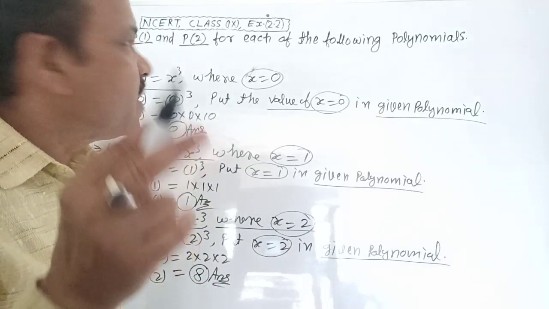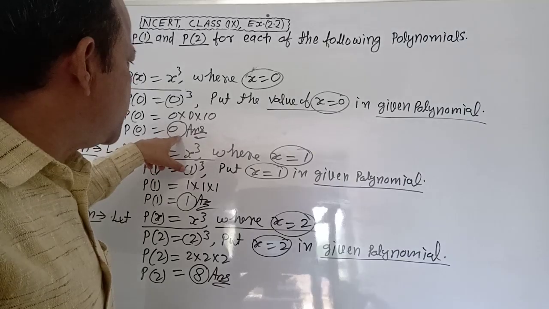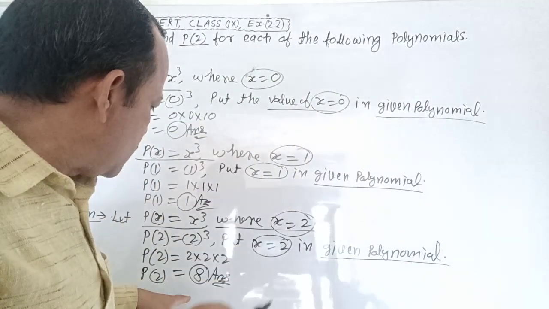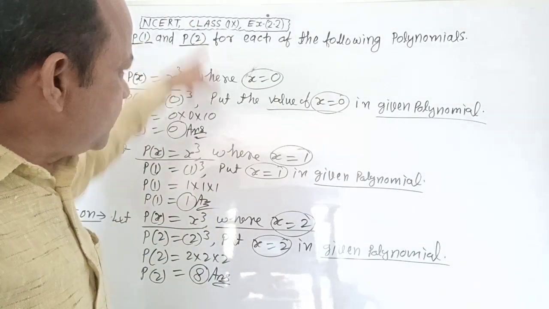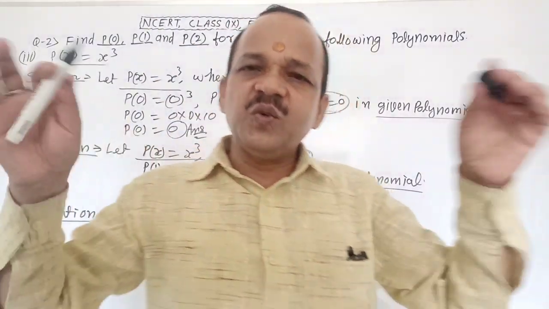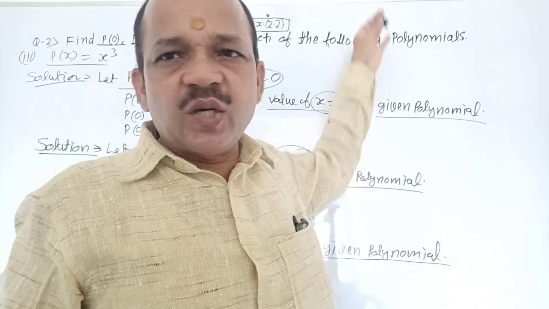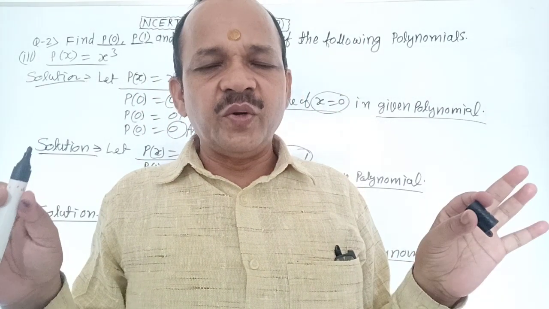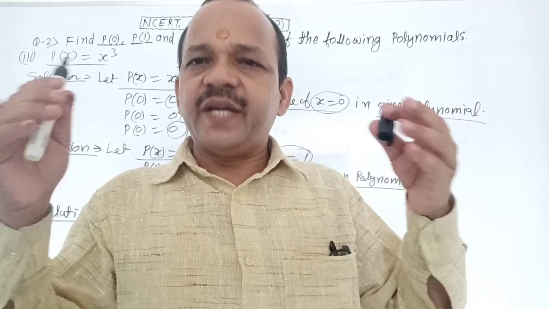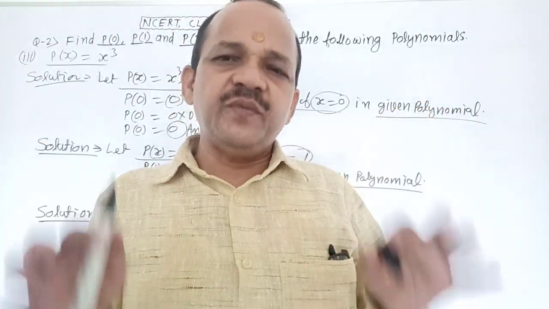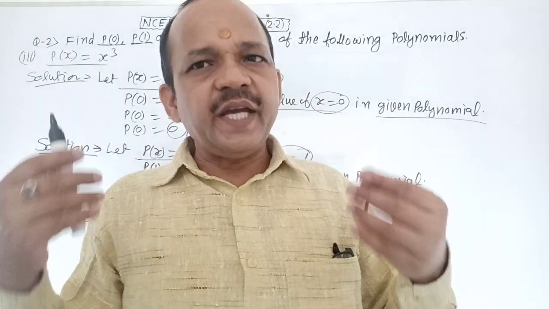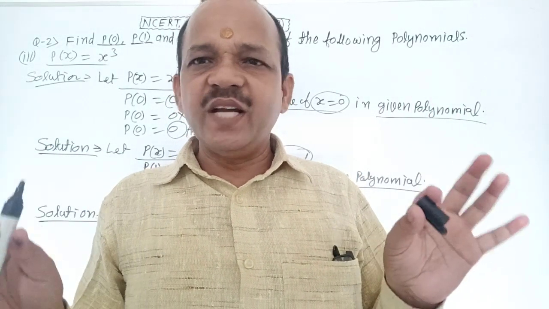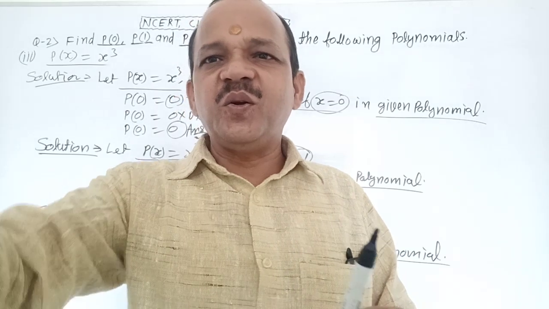First time you find 0, second time you find 1, third time you find 8. In this way you can solve any question very easily and find the value of any polynomial. Your solution is clear? No confusion about it? Very good.